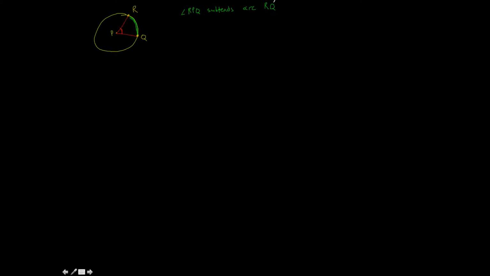It subtends or is subtended by arc RQ. We can also say that RQ is subtended by angle RPQ. So it works both ways. It's both saying the same thing. It's just two different ways to say it. Angle RPQ is subtended by arc RQ, or arc RQ is subtended by angle RPQ.